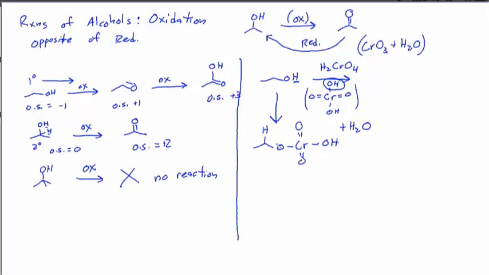And if we set this up, if I remove this hydrogen, and I can use the water perhaps as my base, you might recognize this as a sort of E2 mechanism, where we have a beta hydrogen, we're forming a new pi bond between the C and the O, and we have a decent leaving group in the form of this chromium complex.